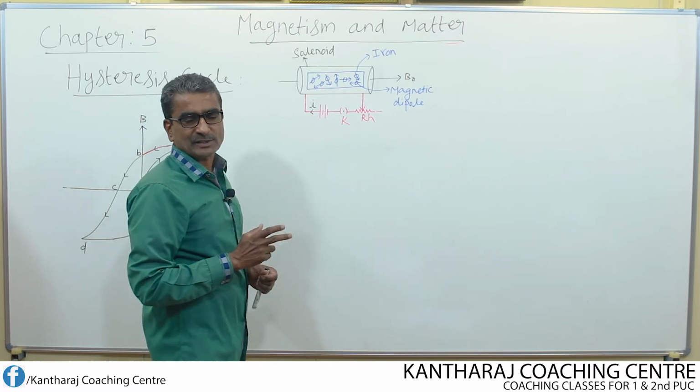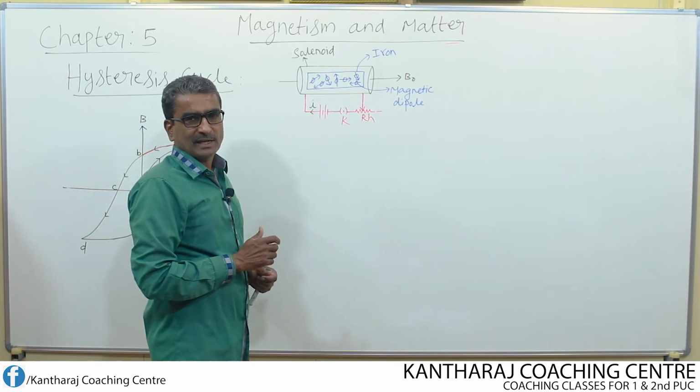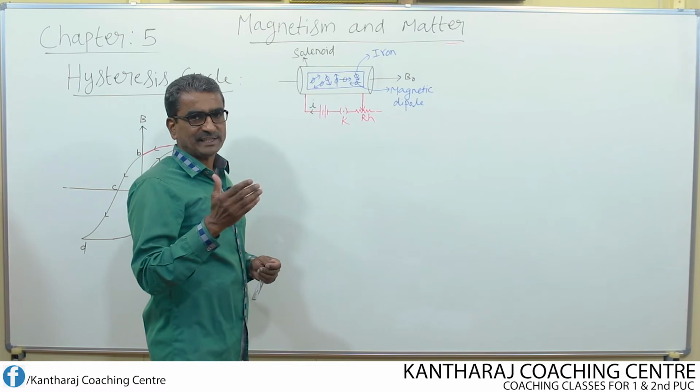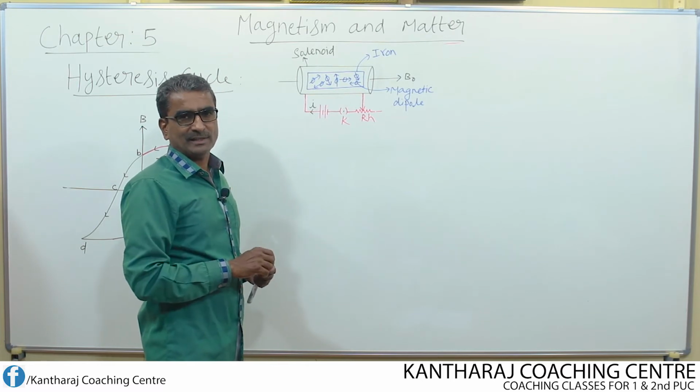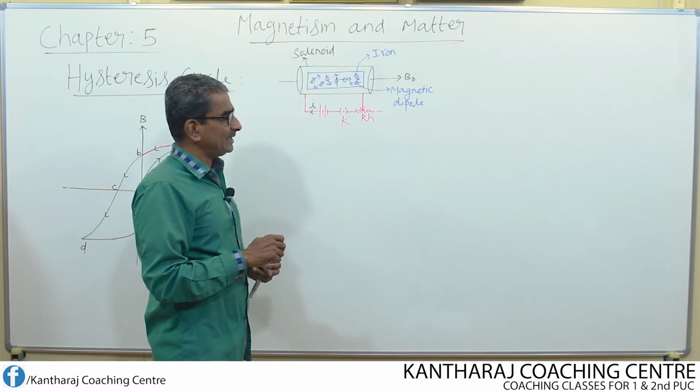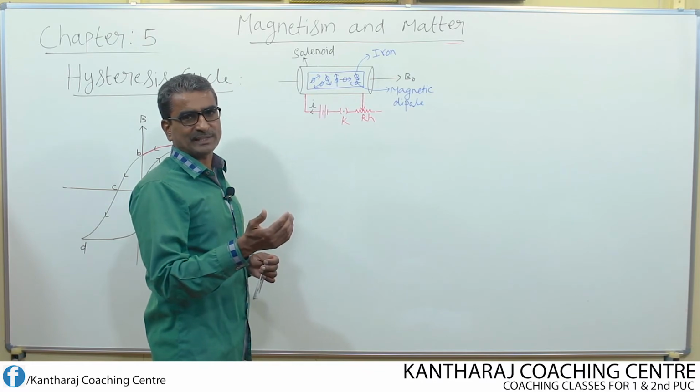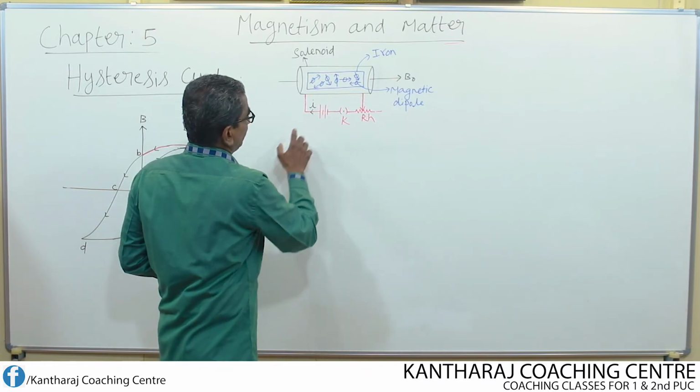There are two ways of changing the direction of current. One is by making use of a reversing key. And another method, without using a reversing key, is to just change the polarity.